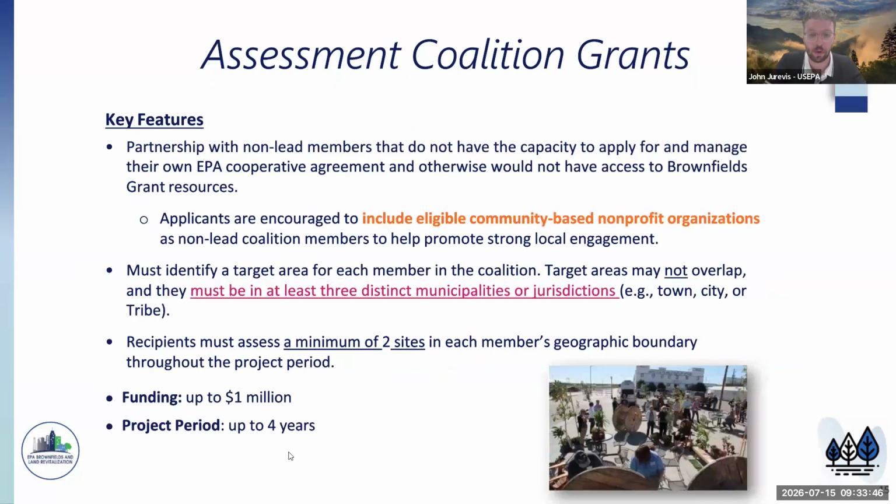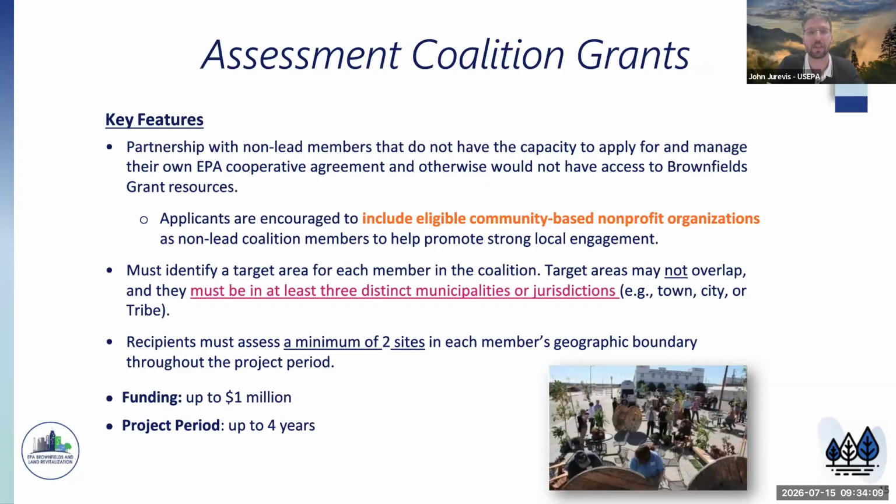And then just a little bit more. So coalition grants were designed to get more communities into the program. So we know that not every community is ready to handle and run their own assessment grants. So this allows communities without that capacity or without that ability to be able to still get funding for assessments in their area.